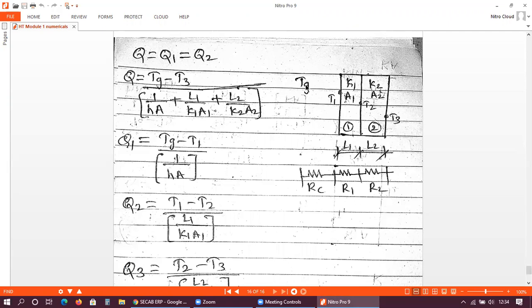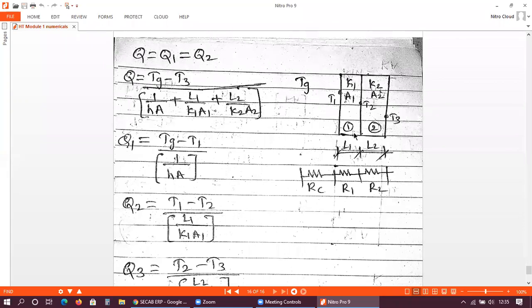Tg is the temperature of the gas, T1 is the temperature at the left face, T2 is the intermediate temperature, and T3 is the temperature at the extreme right face.